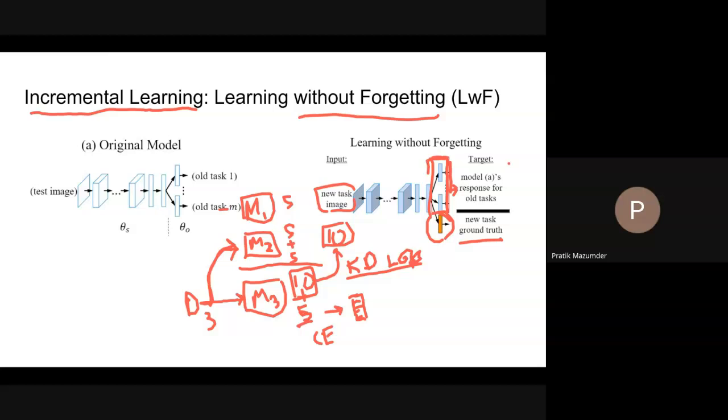And this has been shown to be at least a very cheap way of performing incremental learning, which does not require you to add more sections or more parameters every time. Only your final classification layer increases, which anyways has to increase. And it also does not require you to store any samples from your previous classes.